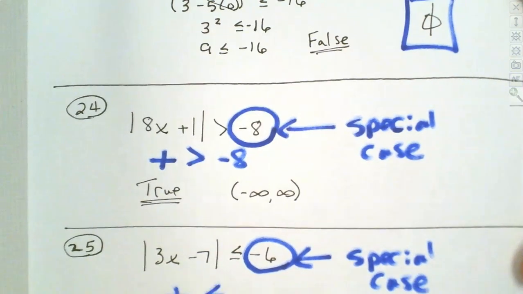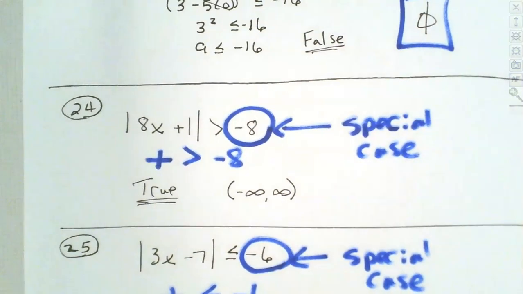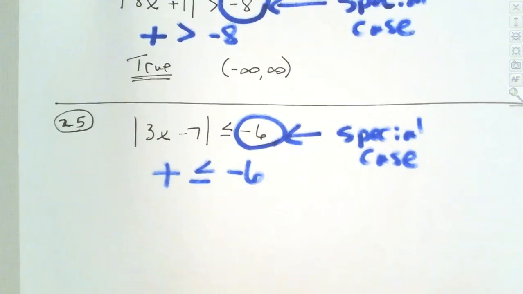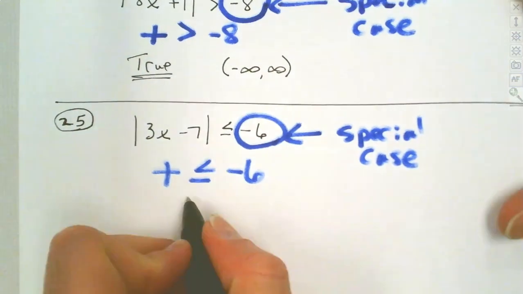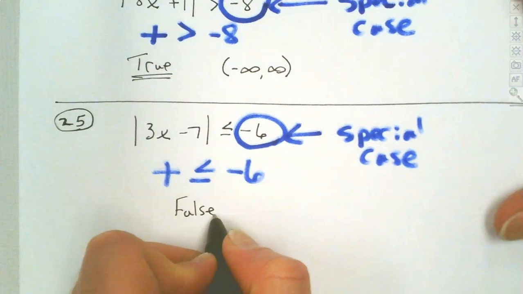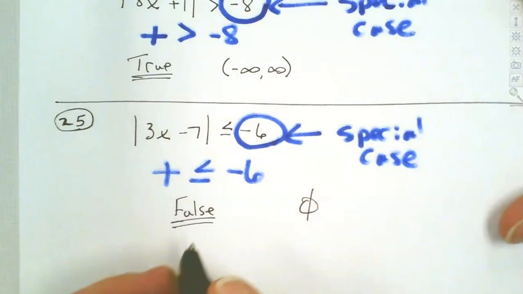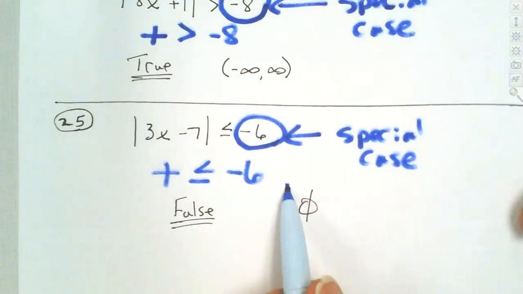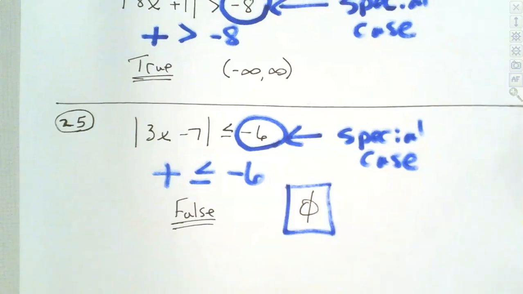And we know positive numbers, can they ever be less than a -6? Can that ever happen? No. So this would be false, and you're going to have no solution. Okay, so that's going to be your answer, which is no solution.